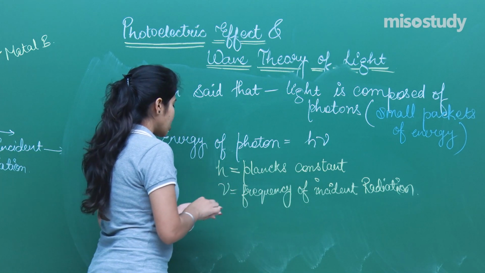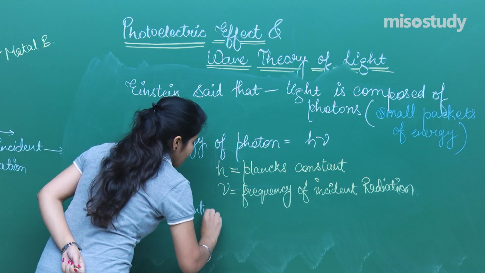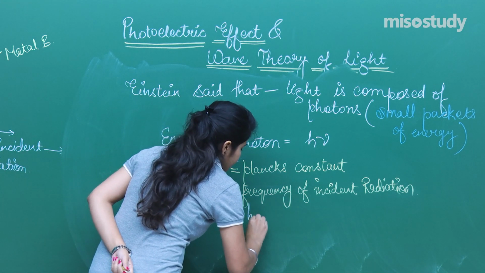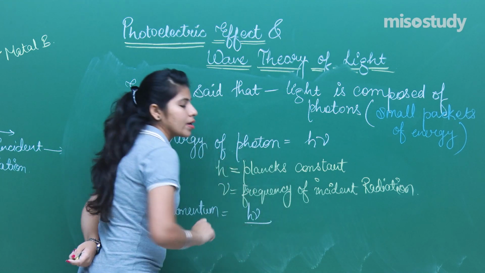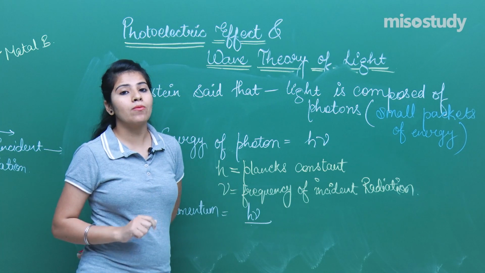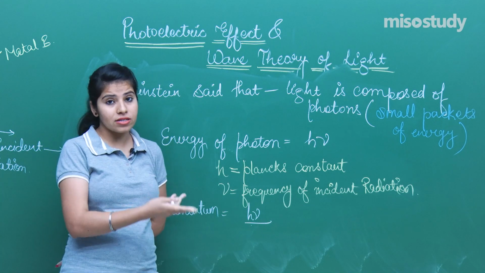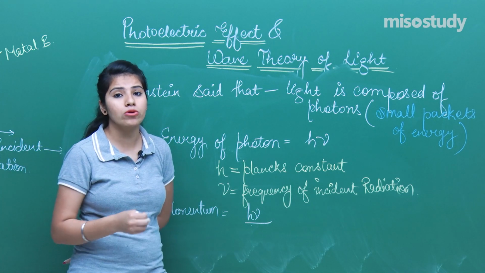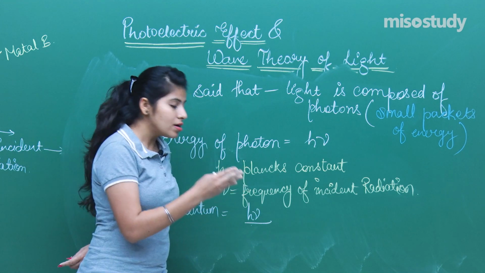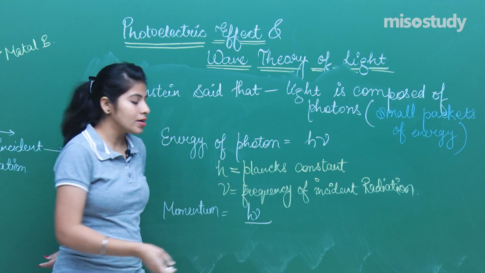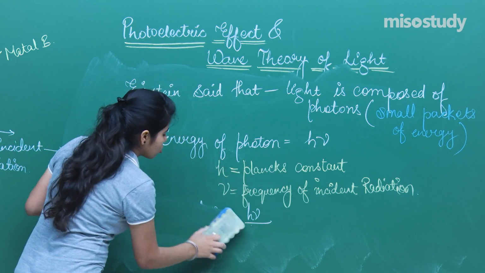If we talk about the momentum, before telling you about momentum, because we are going to discuss this momentum in another section as well, where we will be discussing the particle nature of light, I will be discussing the momentum later on.